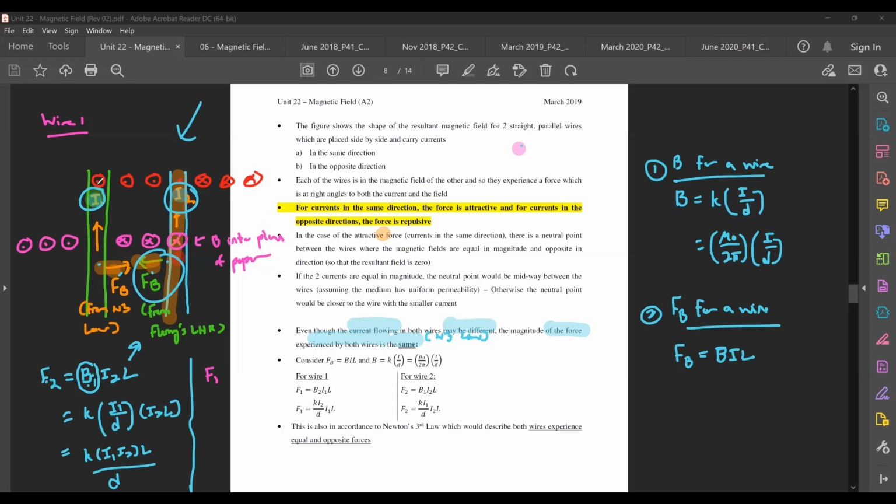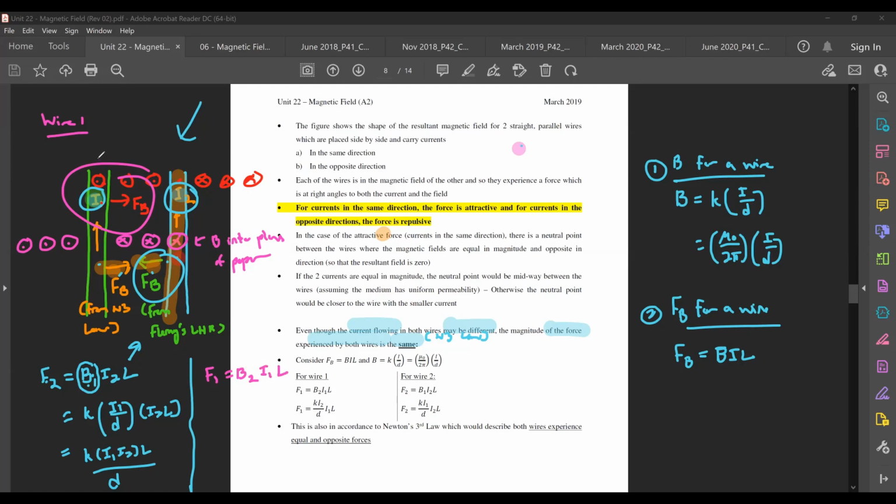Wire 1 is inside the magnetic field of wire 2, so we know that it gives you a magnetic force in this direction. When we want to calculate the magnitude of the magnetic force on wire 1, we can say it is B2 I1 times L.